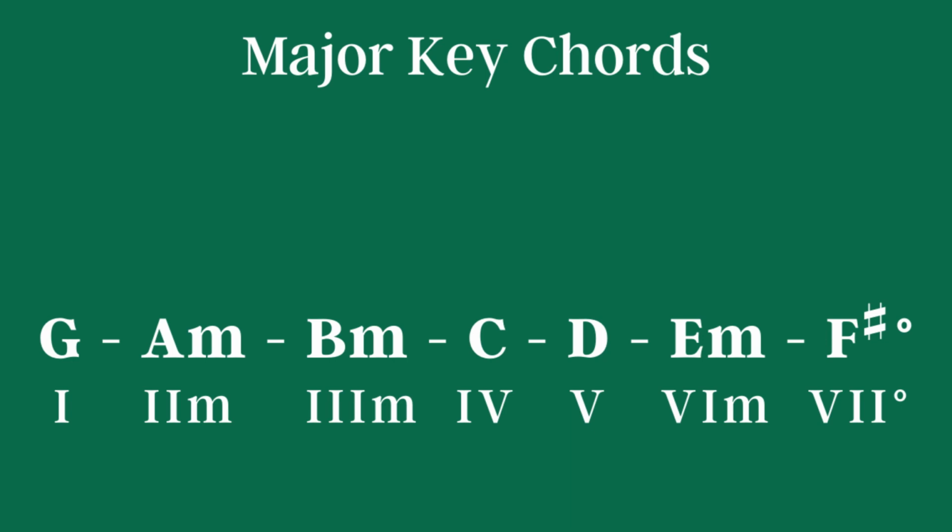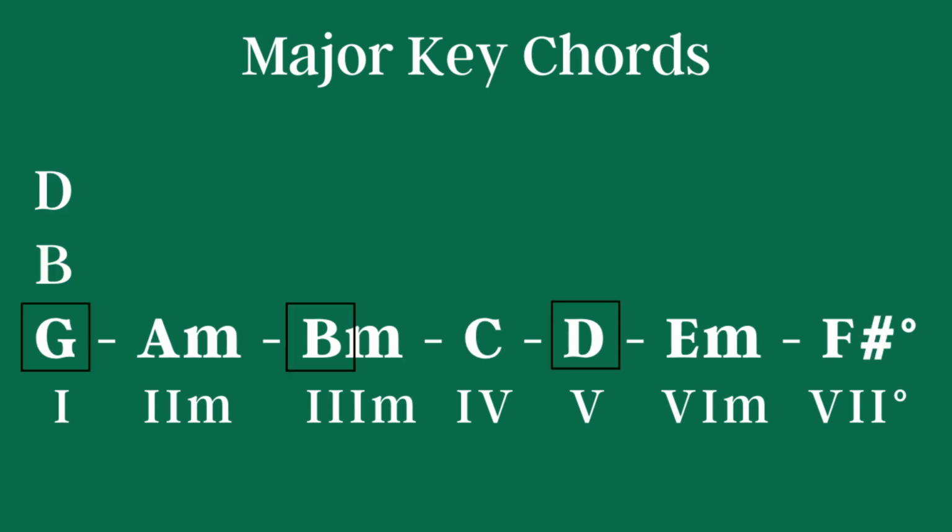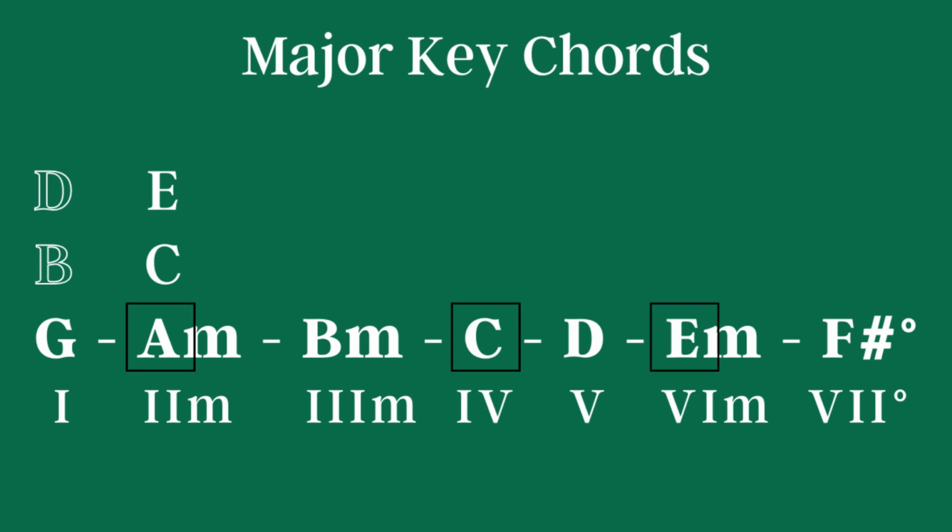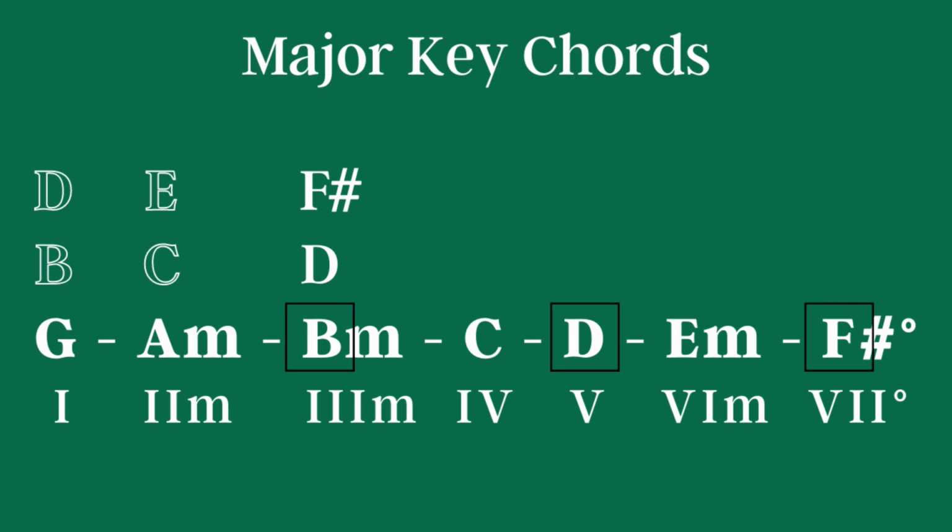The notes of a G major triad are G, B, and D. A minor is A, C, and E. B minor is B, D, and F sharp.